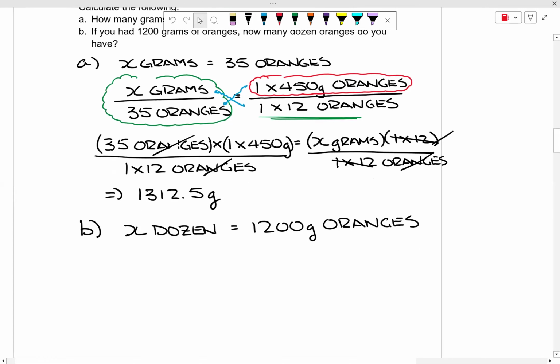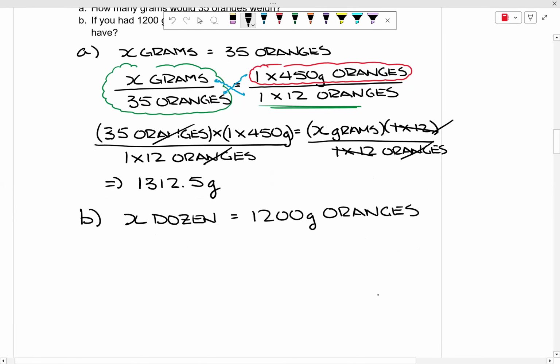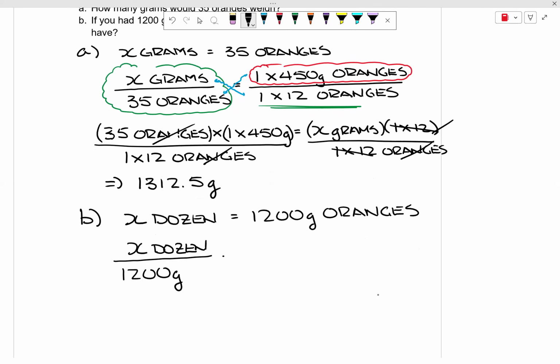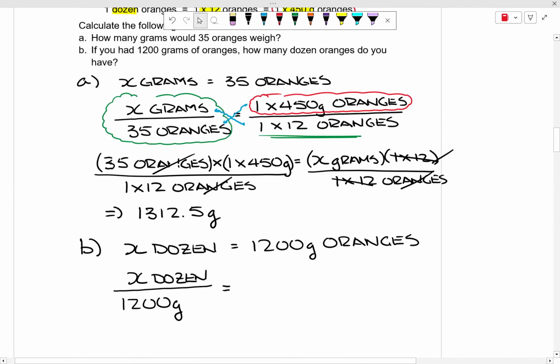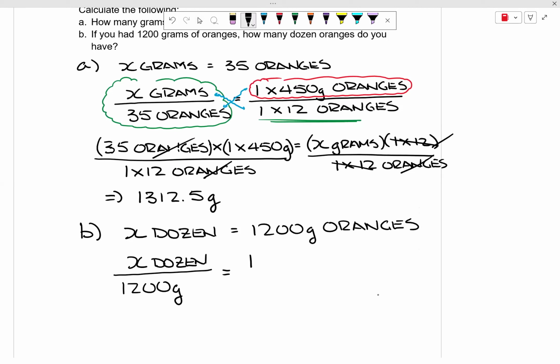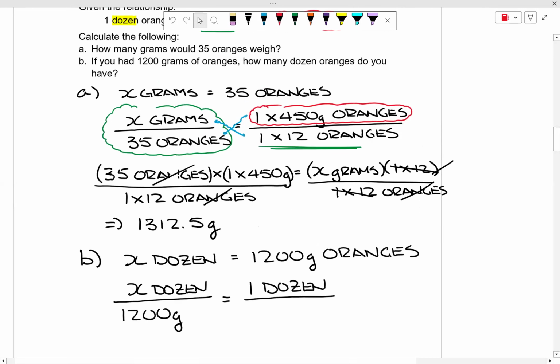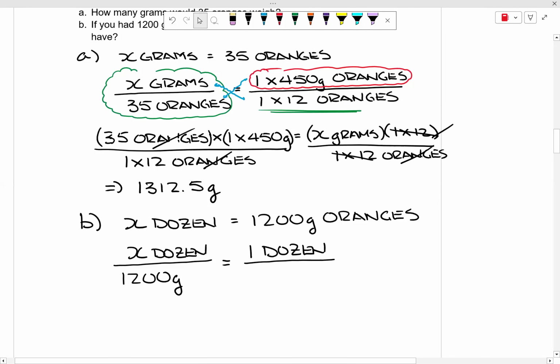Again, let's put it into a fraction like I did in A. X dozen over 1,200 grams is equal to 1 dozen over 1 times 450 grams.